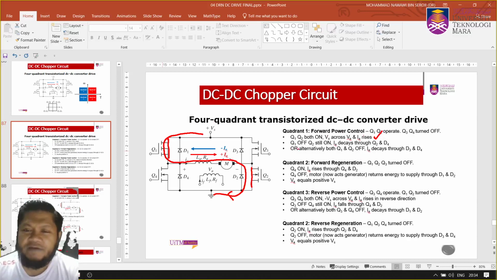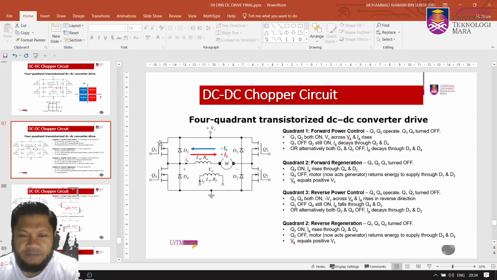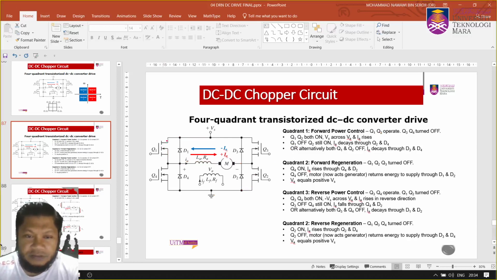Next, you can have Q1 off. So you tell Q1 to turn off. Okay, this is off. Next, Q2 is still on. So in which circuit will current flow? It will flow into the motor, go to Q2, and flow through D4, isn't it?